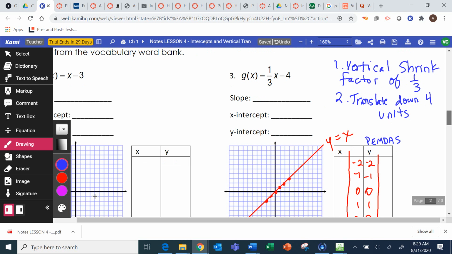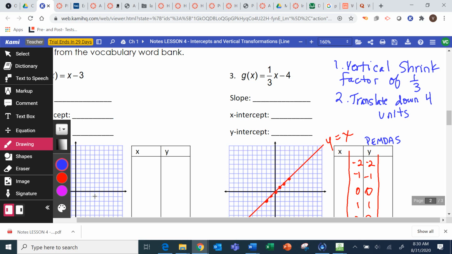So we have a vertical shrink, factor of 1/3, translate down 4 units. So in our table here, we're now going to take this red function and apply order of operations to it. Out of these two transformations, what comes first? Multiplying by 1/3 or subtracting 4?